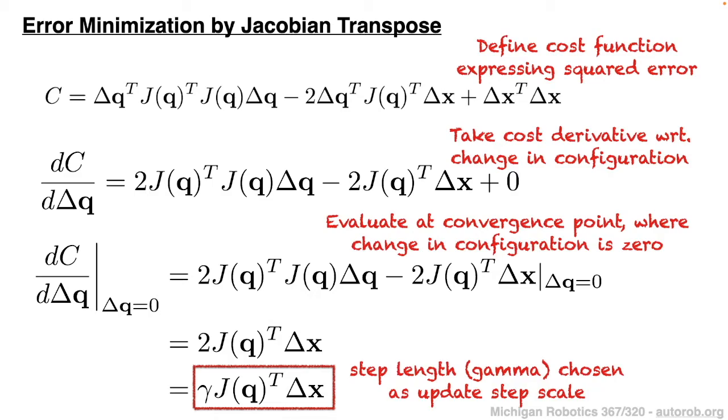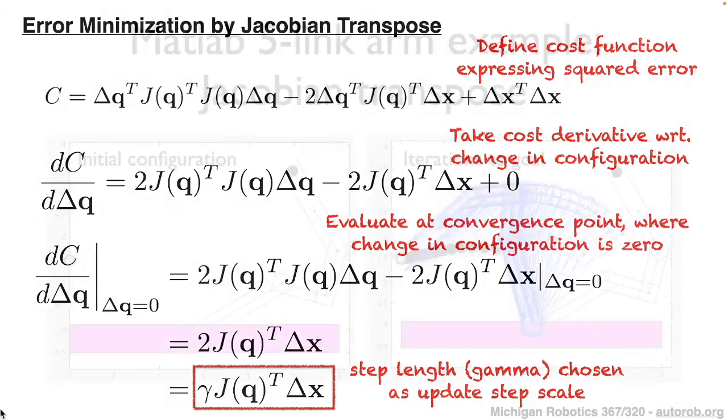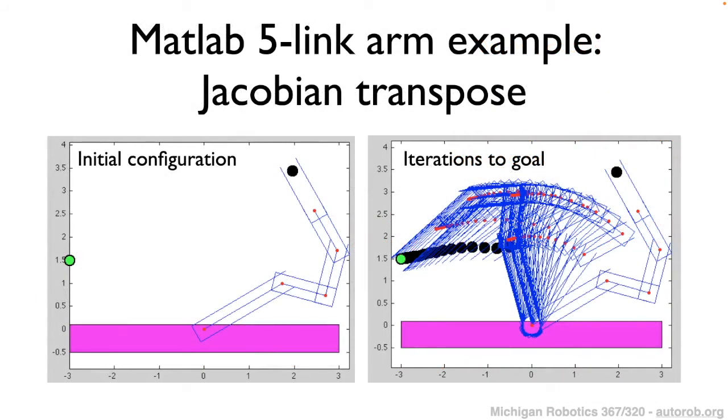And so this is how you can derive that the Jacobian transpose does in fact minimize this error, when the error is defined as the squared error in the end effector pose.